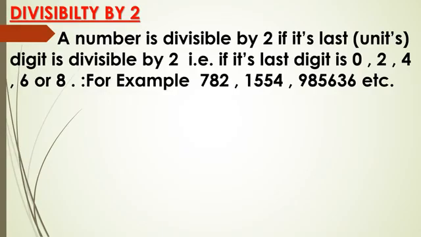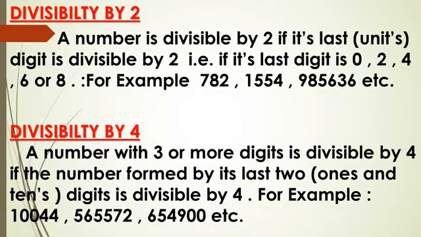Now see divisibility by 4. A number with 3 or more digits is divisible by 4 if the number formed by last two digits, that is ones place digit and tens place digit, is divisible by 4. If the number formed by last two digits is divisible by 4, then the number is also divisible by 4.